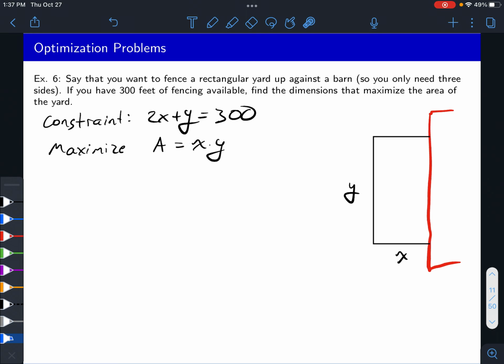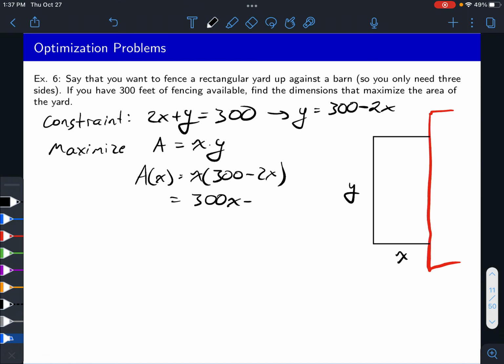So it looks like it's easier to solve for y, so I'm going to do that. So y is just equal to 300 minus 2x. So if I replace y with 300 minus 2x, that would give me a formula for the area totally in terms of x.